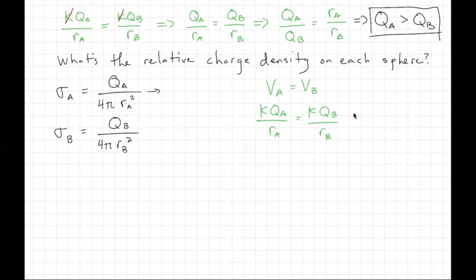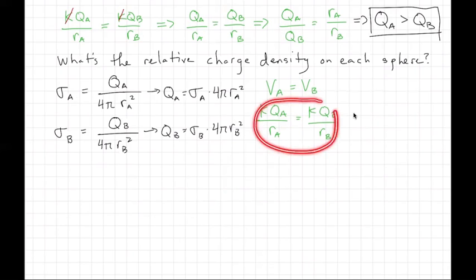This says that QA is equal to the charge density times 4 pi RA squared, and QB is the charge density times 4 pi RB squared.